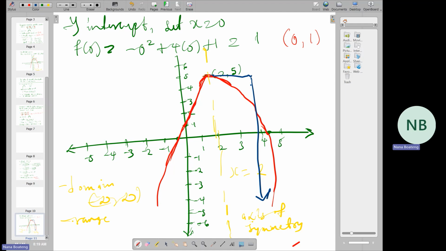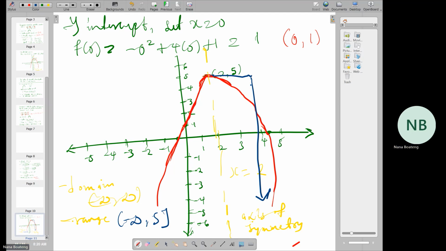So the maximum value this function can have is 5, and it goes all the way down. So the range is from minus infinity to the maximum, which is 5. The function cannot be larger than 5. 5 is its maximum, so the range is 5 or less.